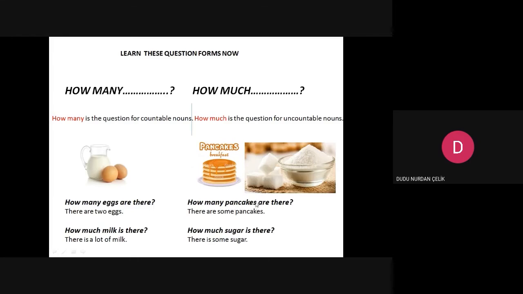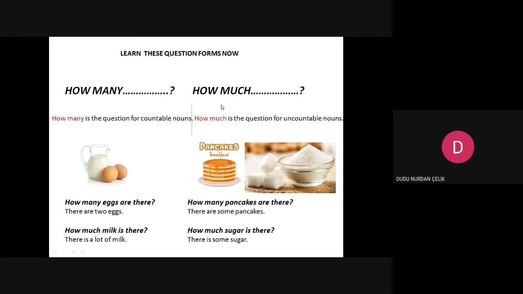Look, it's plural again because countable nouns are asked plural in how many questions, and the question form is also plural. How many pancakes are there? There are some pancakes. Or you can say there are a lot of pancakes. Or you can say there are 5 pancakes. No problem. All can be answers, possible answers.